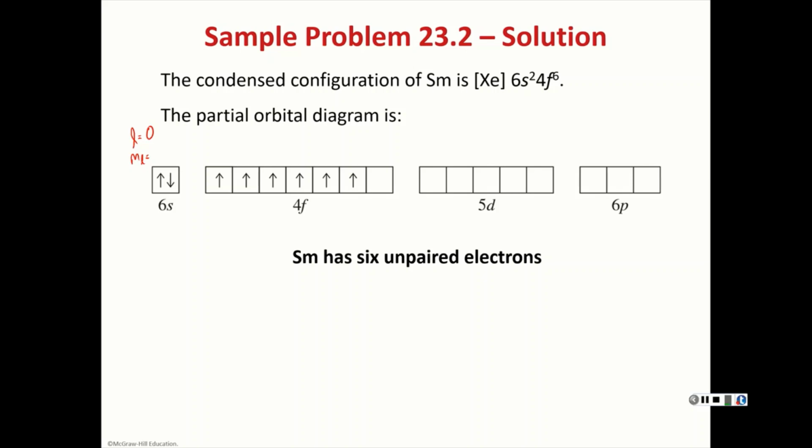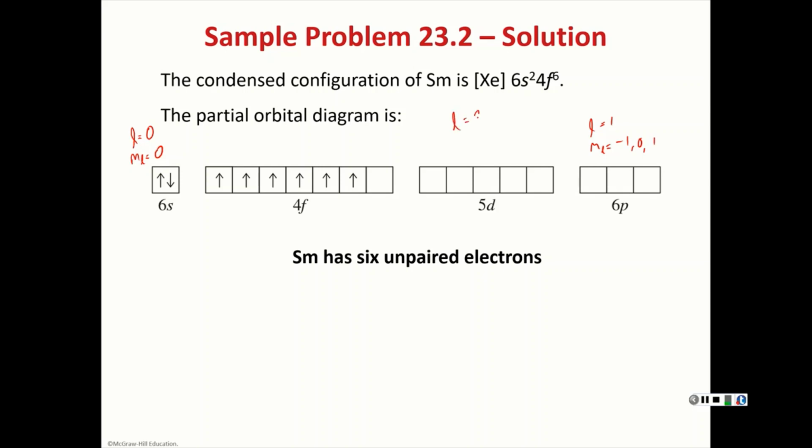The rule for m sub L is that it can be from negative L to positive L in whole number steps. So if L is 0, m sub L can only be 0, which is why there's only one s orbital. For p, L is 1, and m sub L can be -1, 0, or 1, so there are 3 p orbitals.